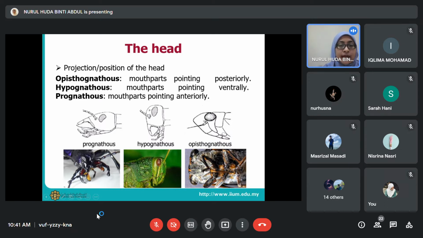Some are still prognathous, it's just that you cannot see the mandible clearly like this one, because some groups like weevils, which are also beetles, have a rostrum instead of the mouthpart I showed.